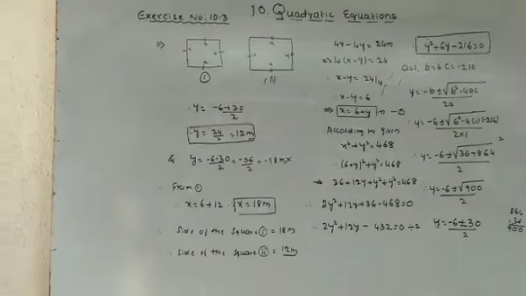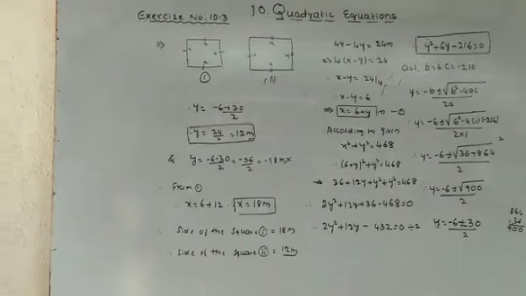Now you calculate x. So x is equal to 6 plus y, let's call it 1. From 1, x is equal to 6 plus 12. Therefore, the value of x is equal to 18 meters, and the value of y is equal to 12 meters.